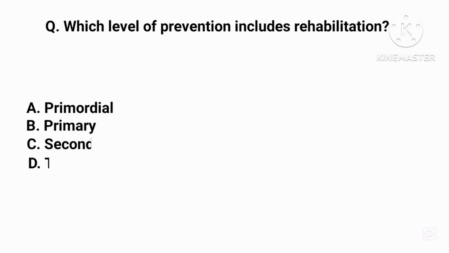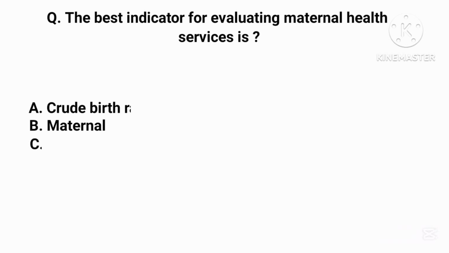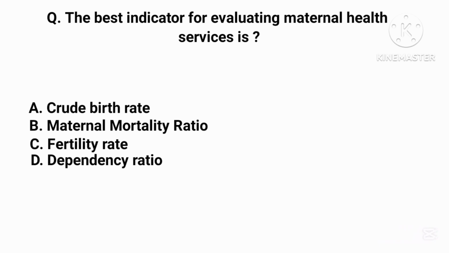Which level of prevention includes rehabilitation? Correct answer is option D, tertiary level. The best indicator for evaluating maternal health service is. Correct answer is option C, maternal mortality ratio.